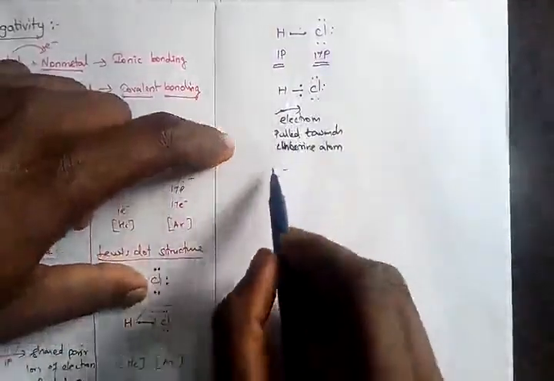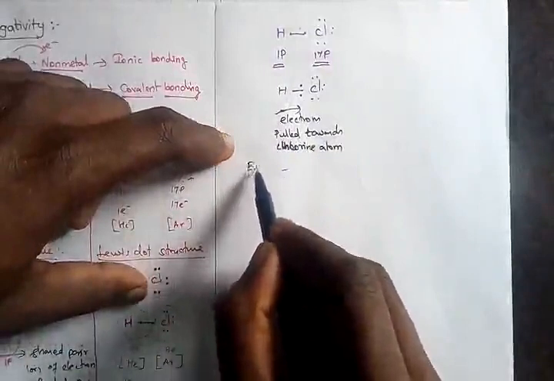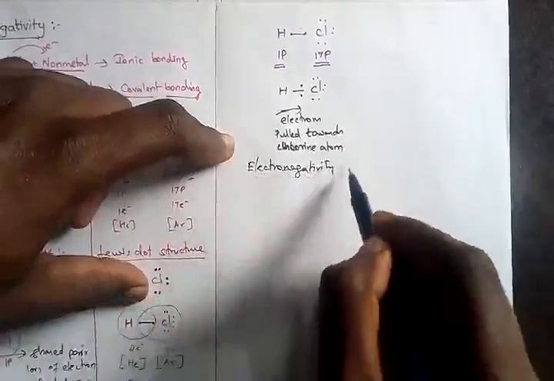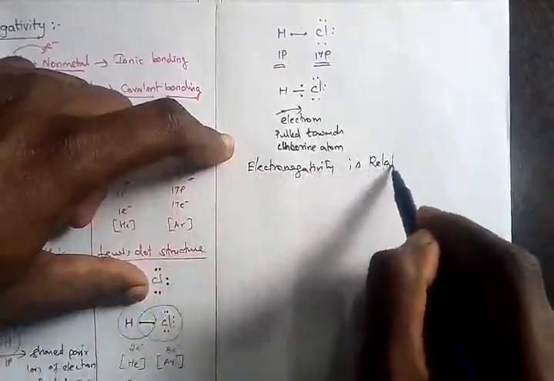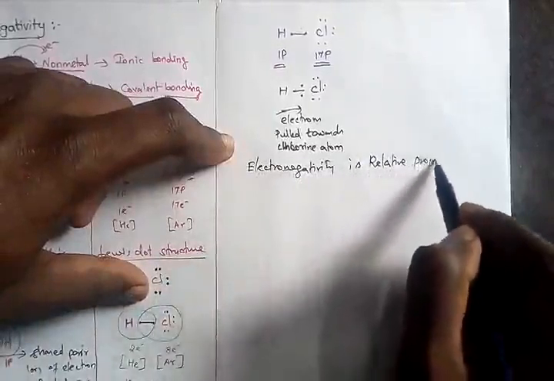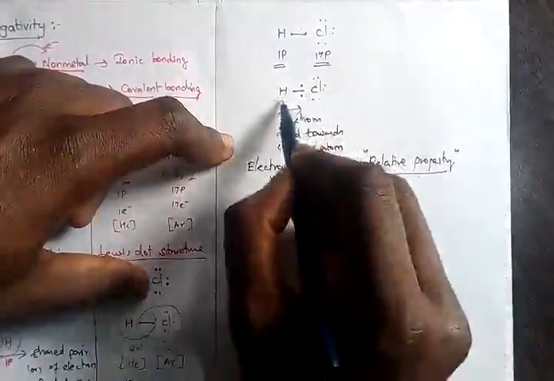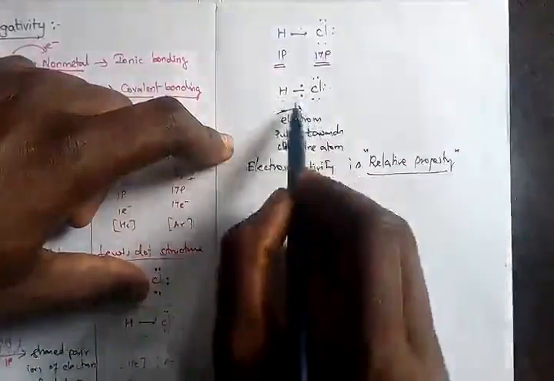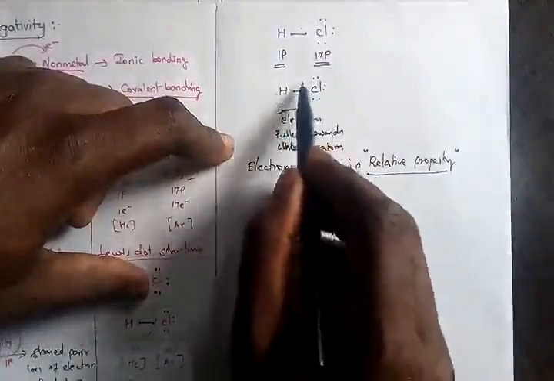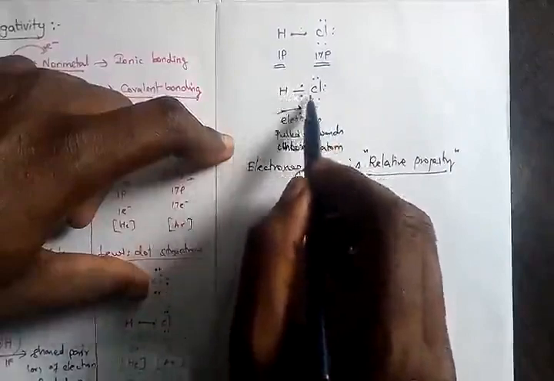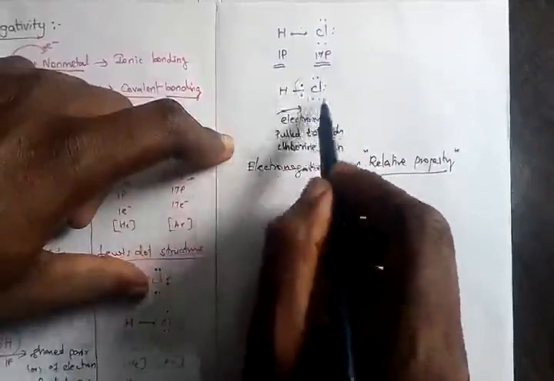Here I told you electronegativity is a relative property, because we are comparing hydrogen and chlorine. In comparison with hydrogen, chlorine has the most pulling power here. Chlorine has the highest pulling power, so it pulls the electrons towards itself.